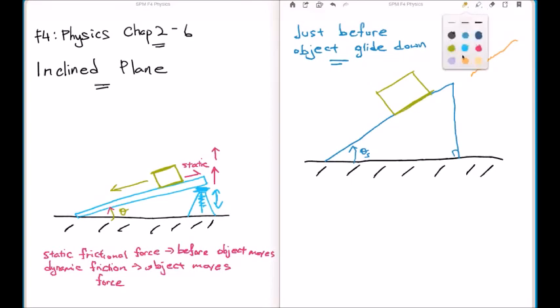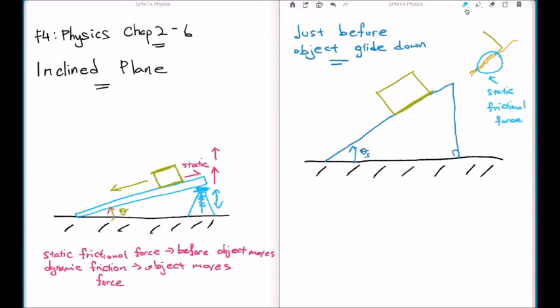And then the object is not smooth, it's also rough. That's why the object is not moving. So this is the kind of frictional force we're talking about. This is just right before that to stop it. This is the static frictional force.